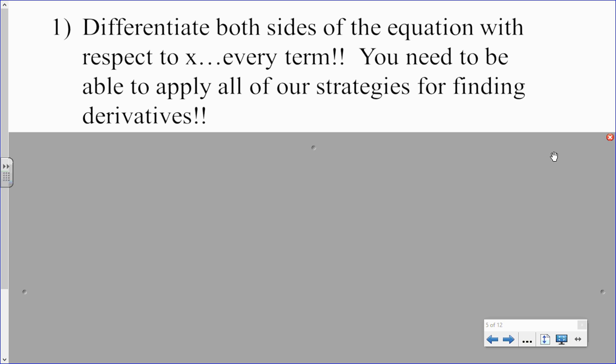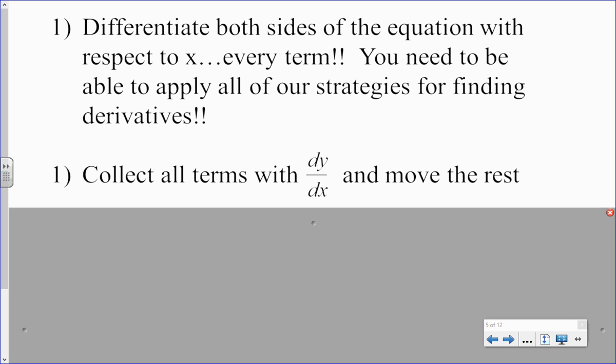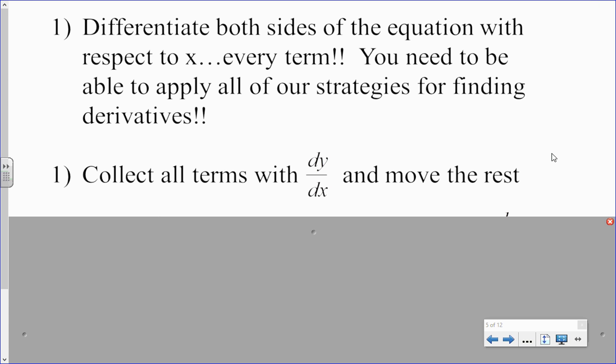Now, you might have all of your terms on one side and they equal a constant. You can have 5 terms on one side, 4 on the other. I don't know what your equation is going to look like. But if there are any terms that involve a y, you're going to get some dy dx's attached to terms in your derivative. So what I'm going to have you do is anything with a dy dx, collect those together on one side, and any term that does not have a dy dx will be on the other side.